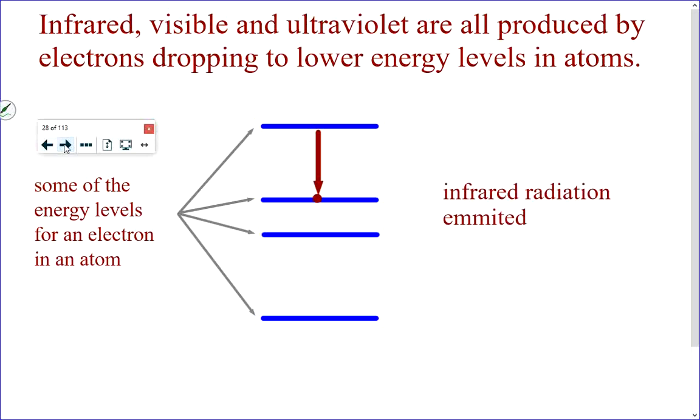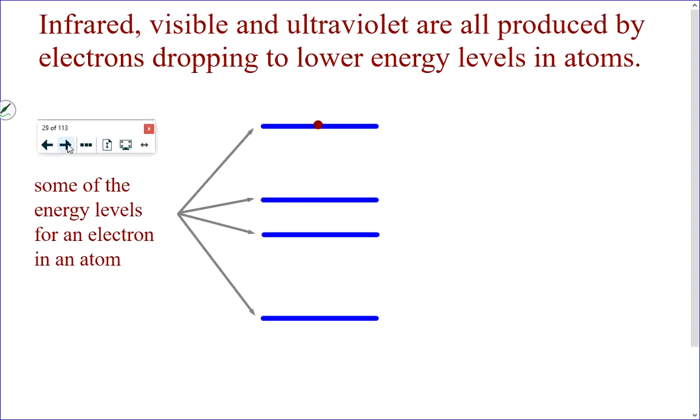Okay? Now, does visible light have more energy than infrared? And you might have to look at your table because this is all new to you. Does visible light have more energy? That means, I'll do this again, infrared from that energy level to that energy level.